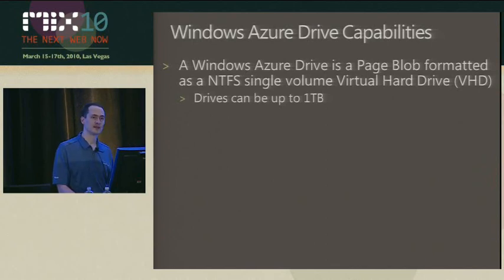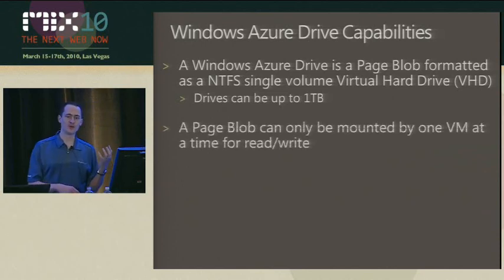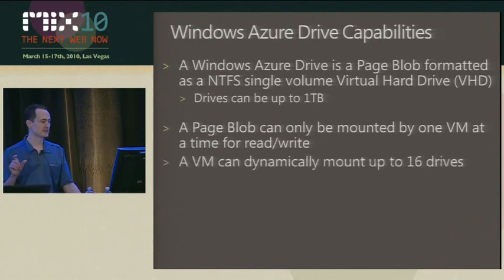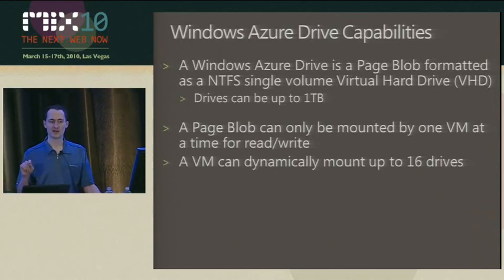These drives can be up to 1 terabyte in size. No coincidence, it's the same size as the page blob. A page blob can only be mounted by one VM instance at a time for read-write access. But a VM instance can mount up to 16 drives at a time.